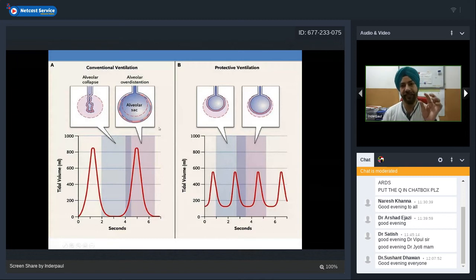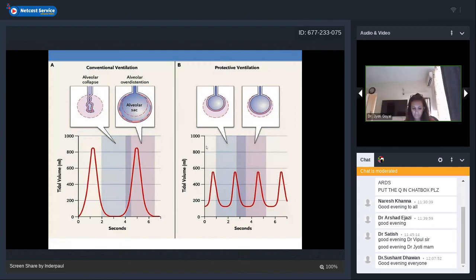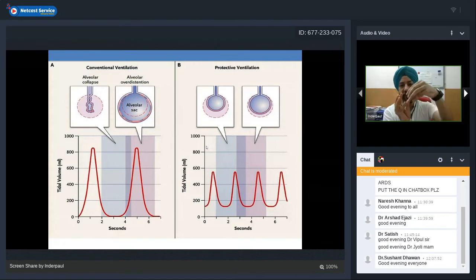So conceptually, different lung units will have different time constant. So time constant is the product of resistance and compliance. So if you have an area which is low in compliance, it will get filled up early. So most of your ventilation will then go to the area which has more compliance. Okay, so a smaller lung unit will fill up early and will not fill more.